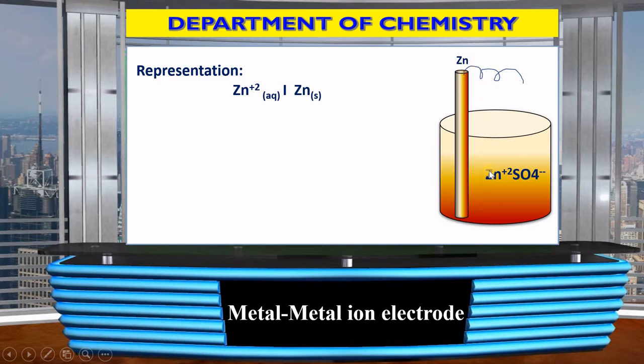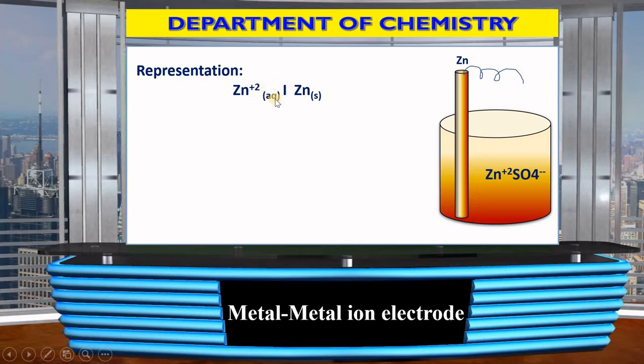A metal in contact with the solution which contains ions of the same metal is called a metal ion electrode. So for representation of this electrode, the metal ion solution is in contact with the metal. Means for the representation of this electrode we need to write the metal ion, and the state of that metal ion, means in which state that metal ion is present.